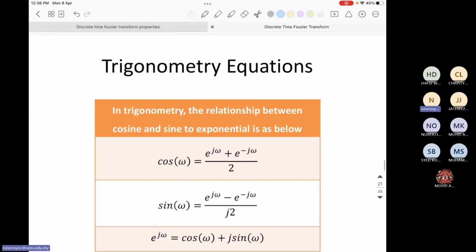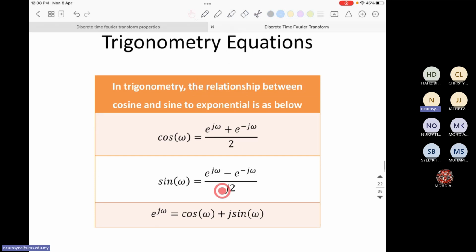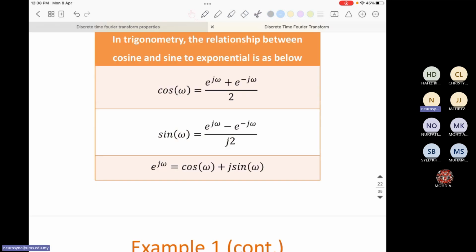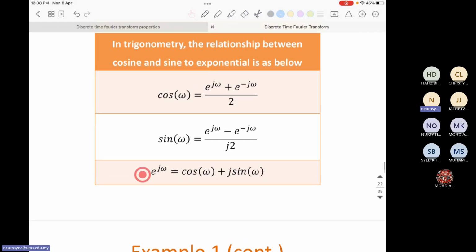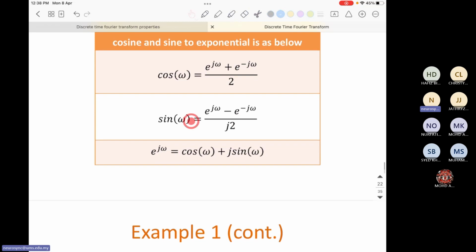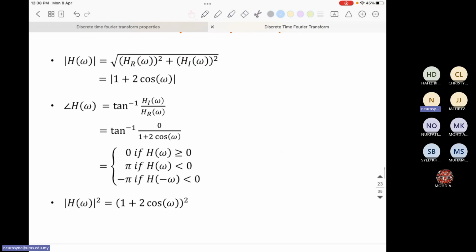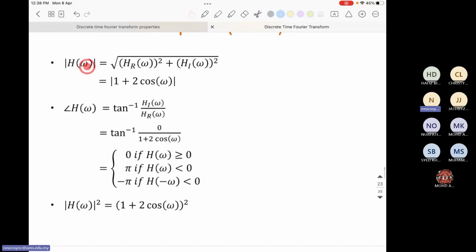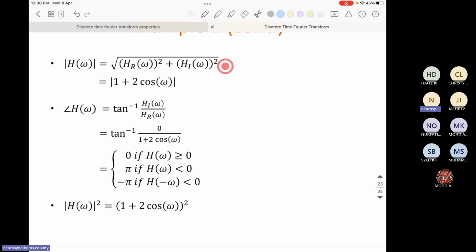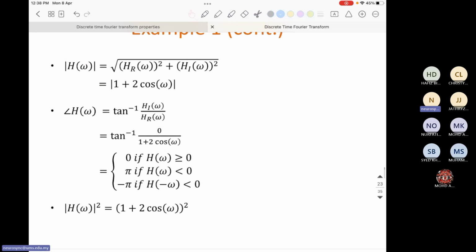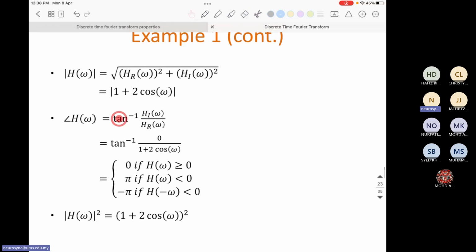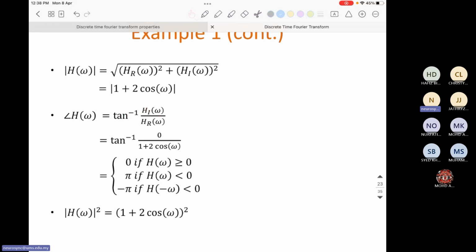Now, these are some trigonometric equations. Cos of omega, sine of omega; e to the power j omega is nothing but cos omega plus j sine omega. These are important relations. Now we'll continue this example. If I want to find the magnitude of h of omega, I can simply apply this formula and I will get the value. This is the magnitude. And if I want to find the phase, this is the phase: tan inverse of imaginary by real.